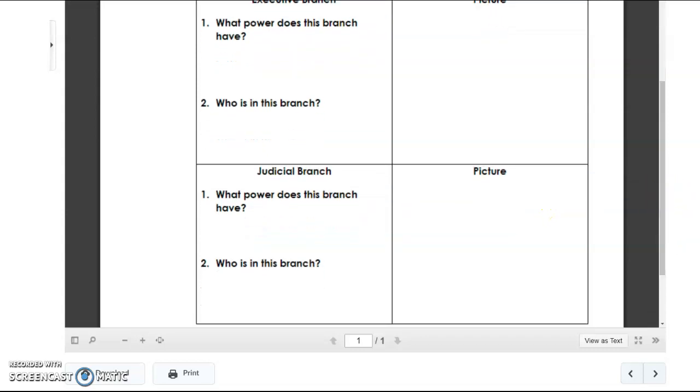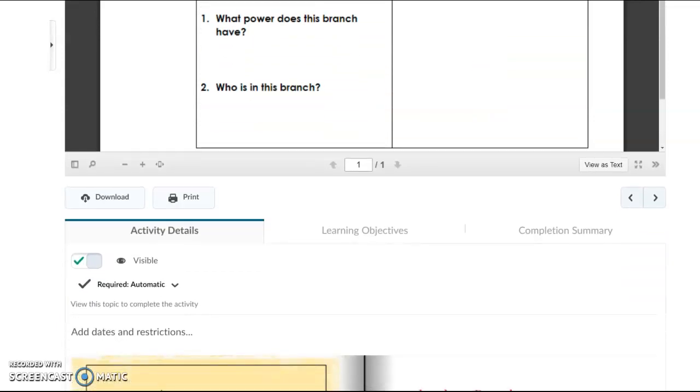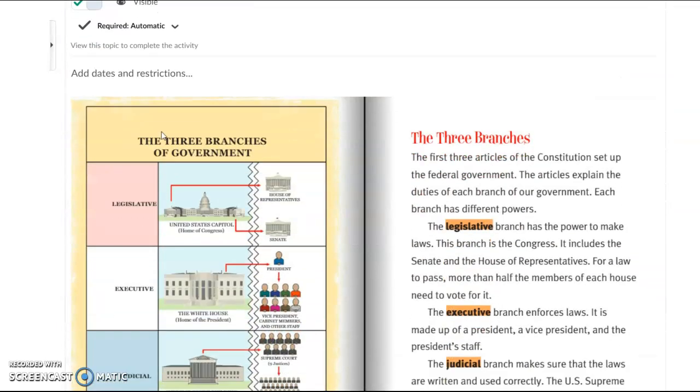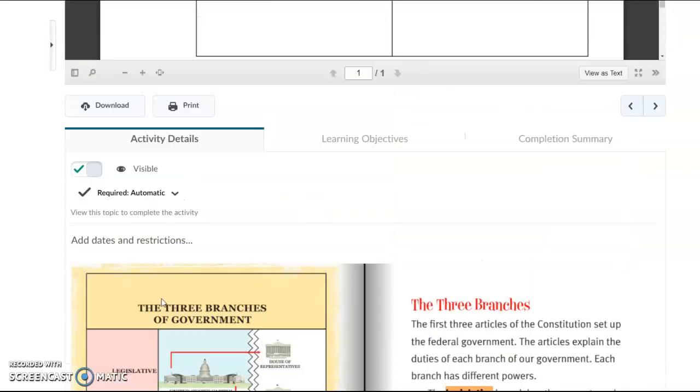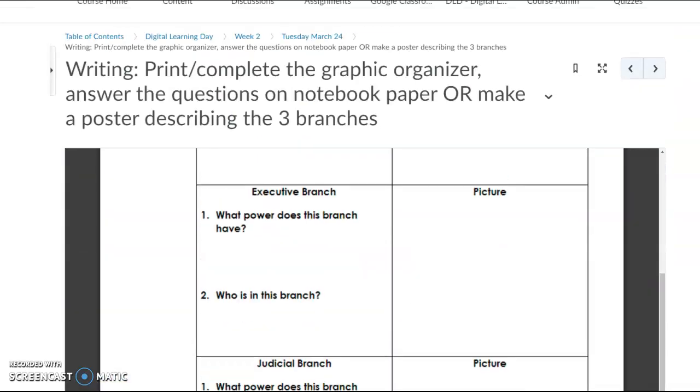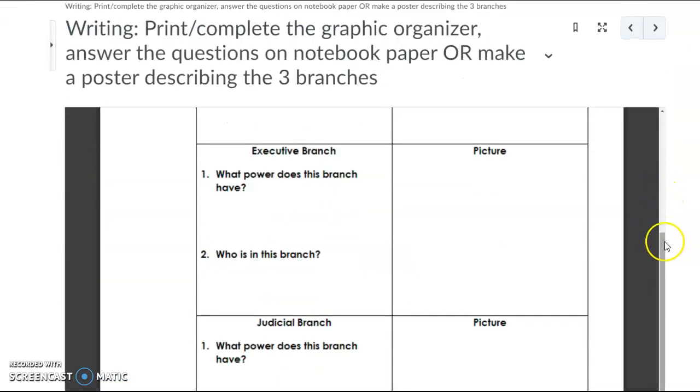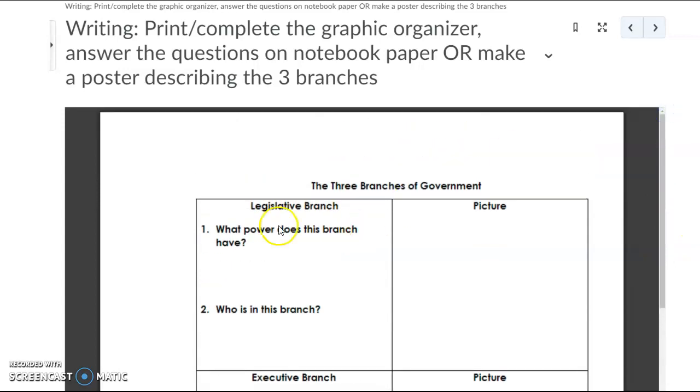And if you scroll down at the bottom, you're going to be able to go back to the passage to help you answer the questions in your graphic organizer. For example, the first part of the graphic organizer talks about the legislative branch.